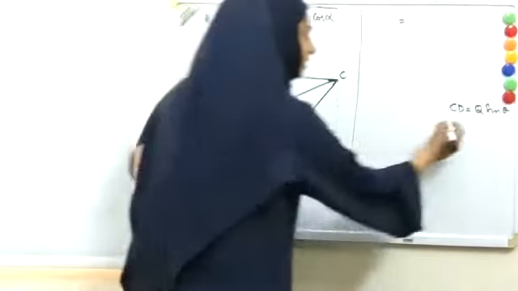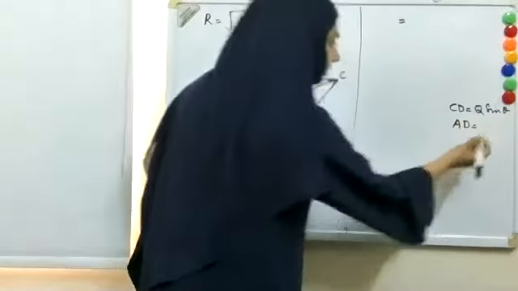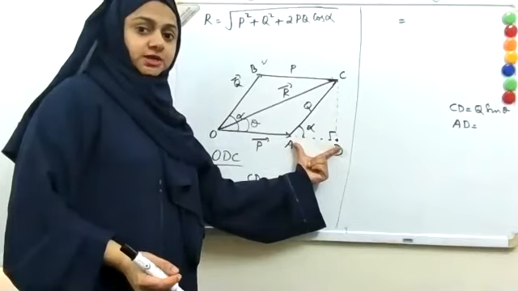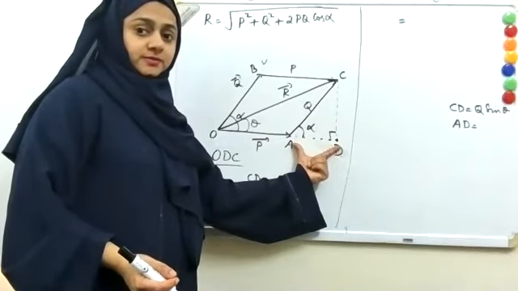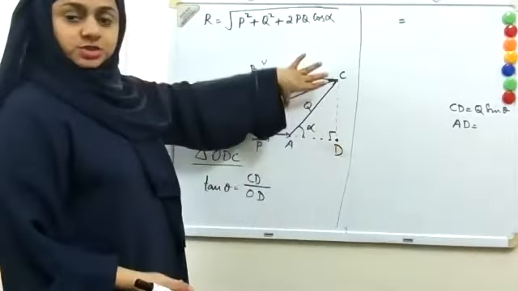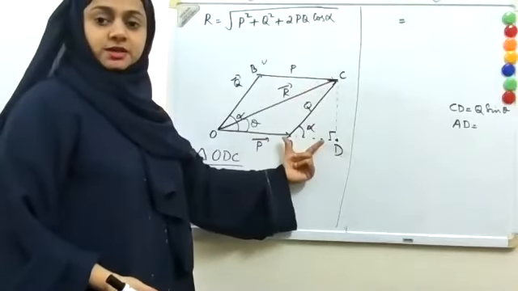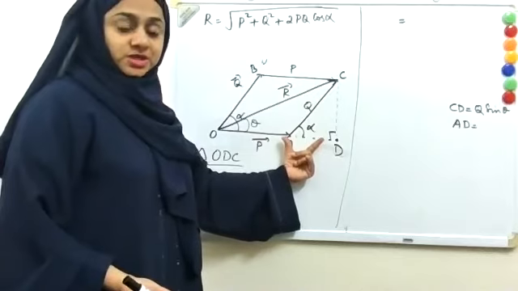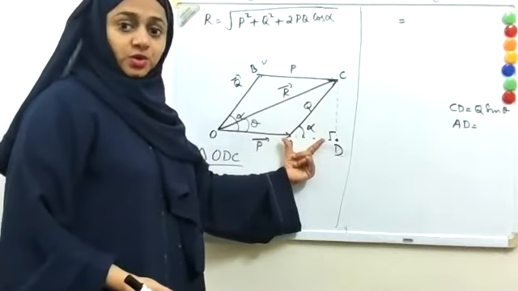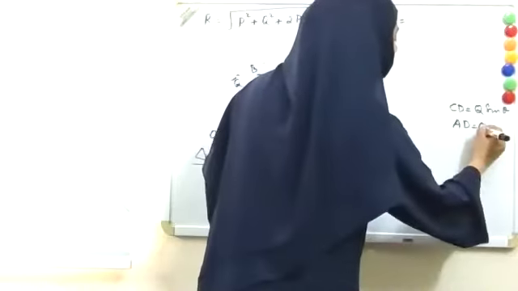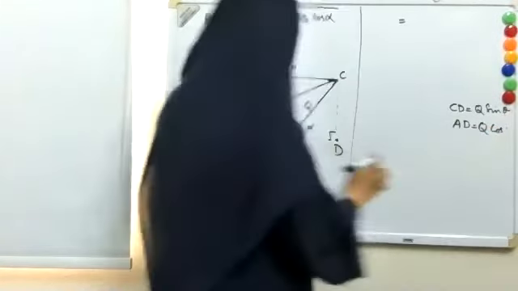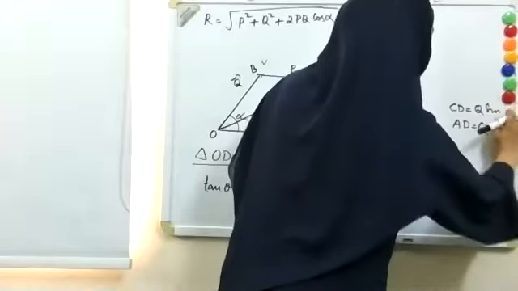And what was AD? AD was equal to the adjacent side. Hypotenuse is Q. So AD was equal to Q cos alpha, right?